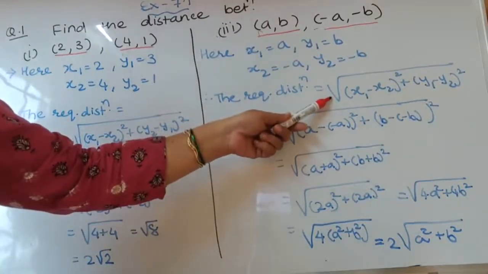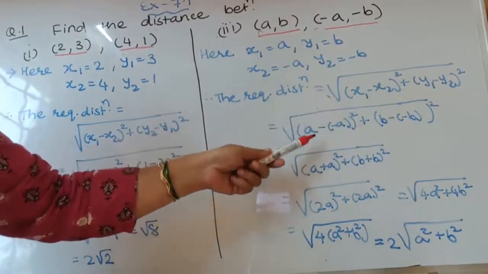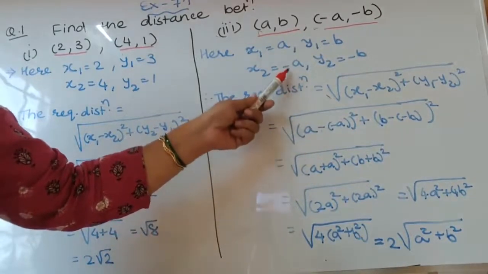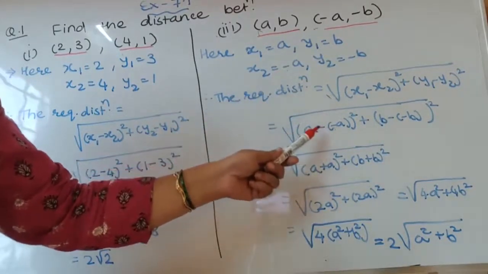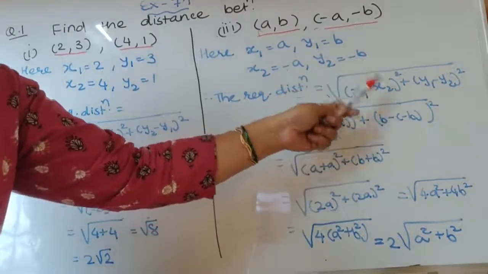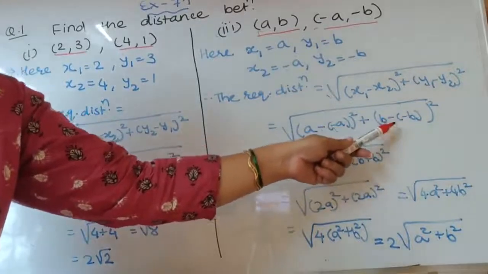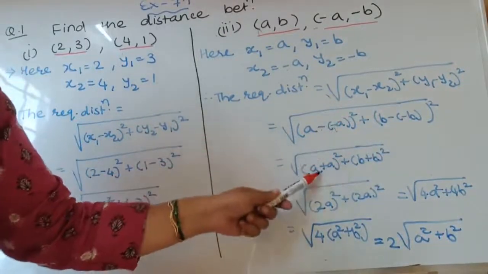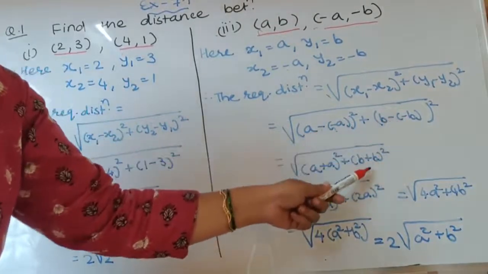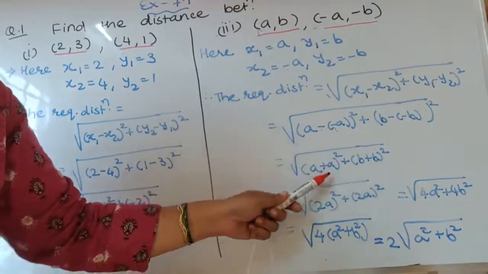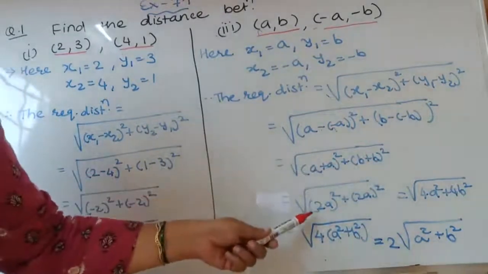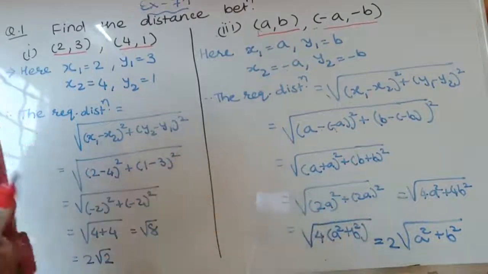Again I write the formula to find distance, then substitute the values. So a minus, and x2 is minus, so two minuses, plus b minus, again y2 is minus, so again two minuses. So minus minus becomes plus, and on this side also minus minus becomes plus. So (a plus a) whole square plus (b plus b) whole square. A plus a means 2a, b plus b means 2b.